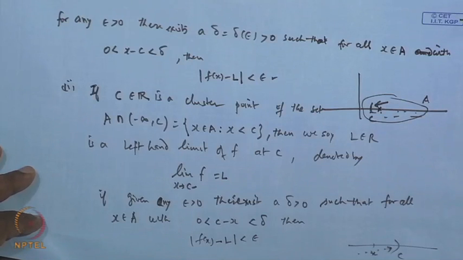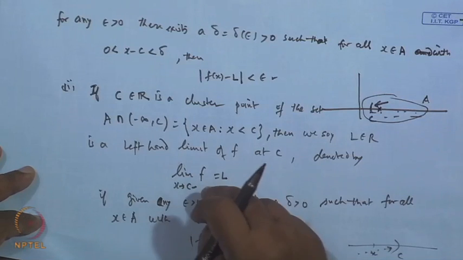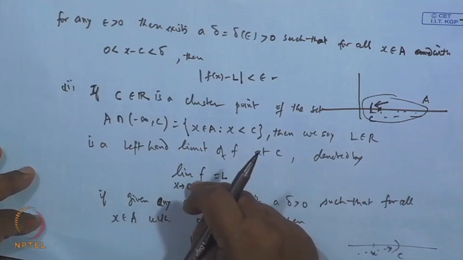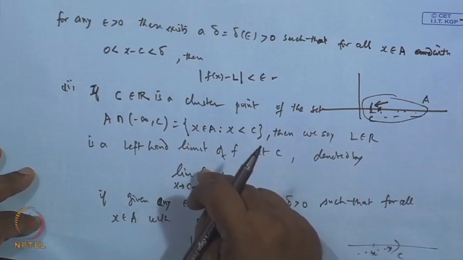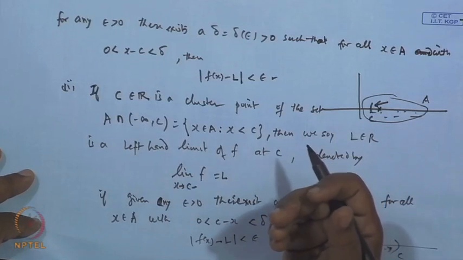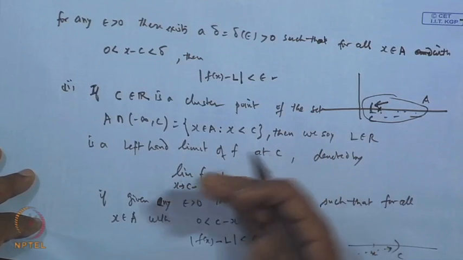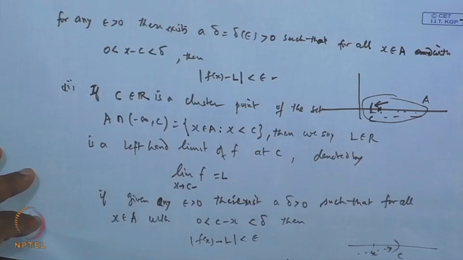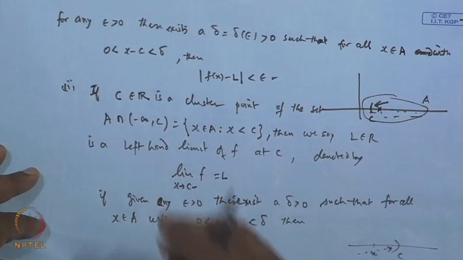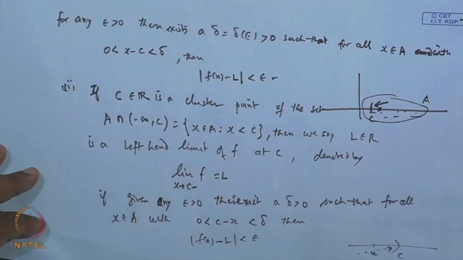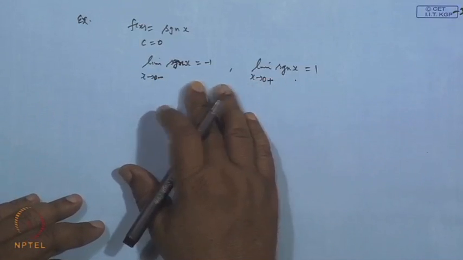However, it is not necessary that we always have either a left hand limit or right hand limit, or both. It may so happen that we get neither, hence the limit will not exist, or sometimes we get the left hand limit but not the right hand limit, and vice versa, or sometimes we get both the limits, but the values are different. So, this is the case when both limits exist, but they are not equal.